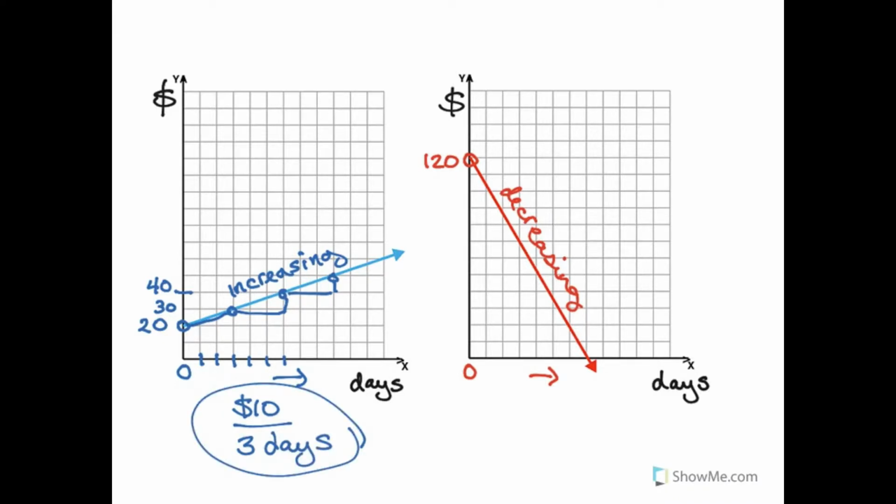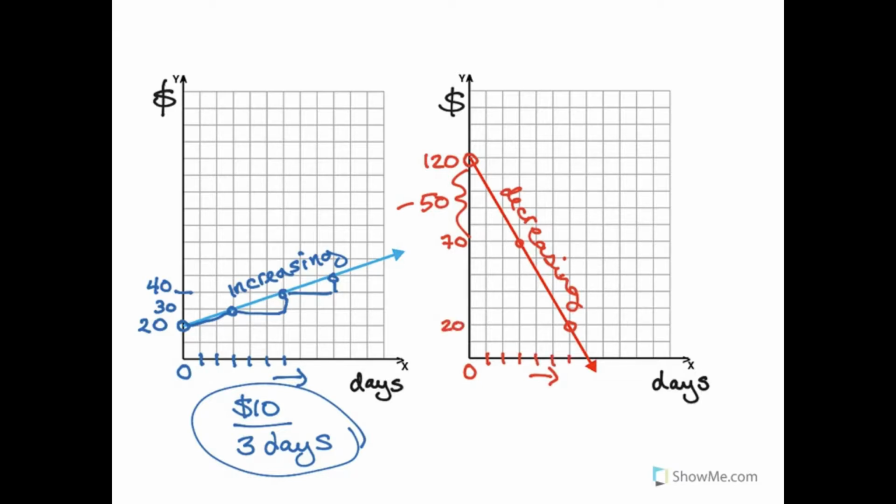The red stock, on the other hand, is decreasing. If I mark some points here, it's fallen to 70 in the first 3 days, and that's a drop of $50. So minus 50, it's decreased over 3 days, and that keeps happening again. This one's at 20.